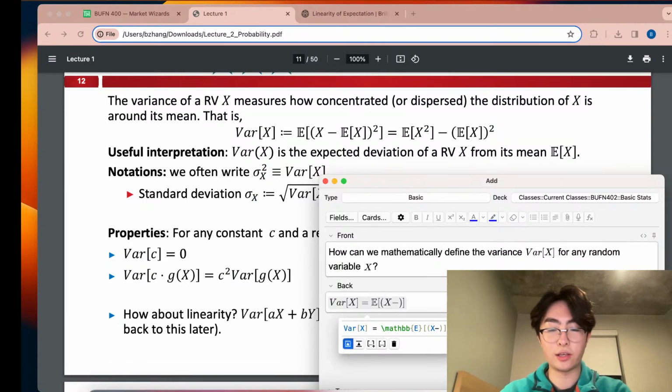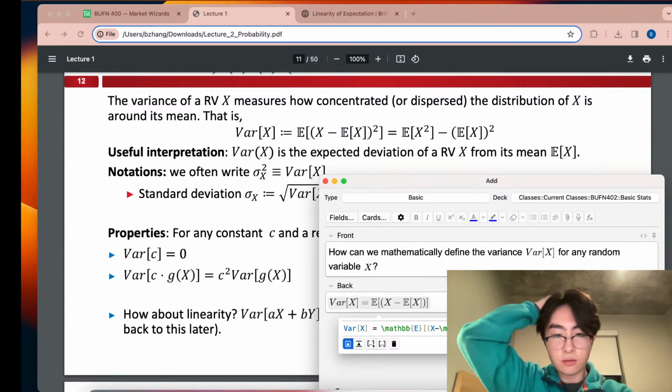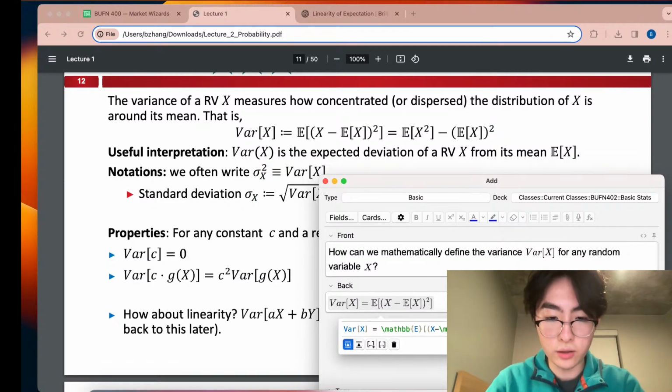Okay, so it's the average squared deviation, I think. So, x minus the expectation of x. Then we square this. Yeah.